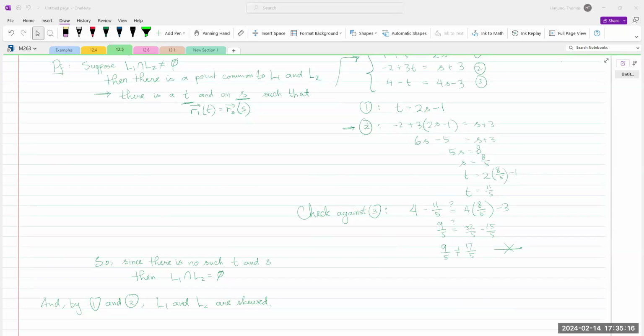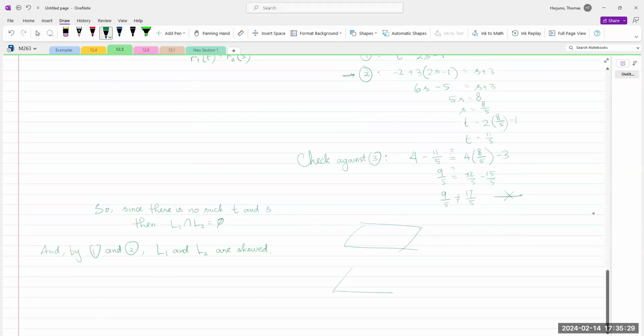Now, let me tell you more, things that I will do in my supplemental videos later on. If we have 2 skew lines, which means they are on two different parallel planes, so plane 1 and plane 2 are parallel, then the next question is, what is the distance between those 2 lines?